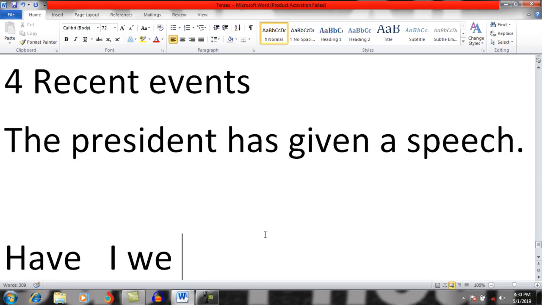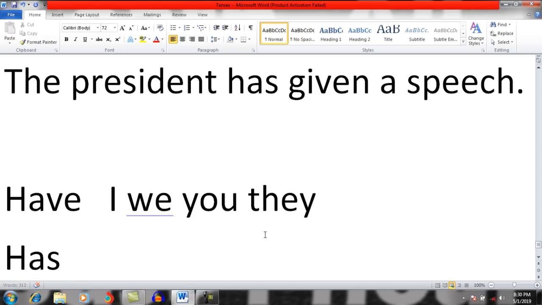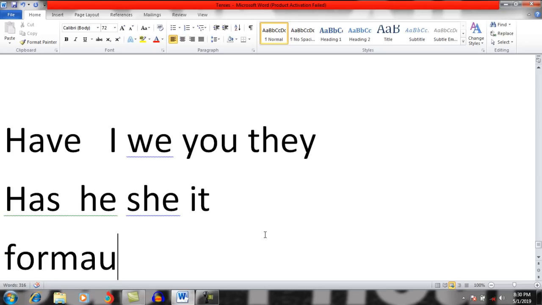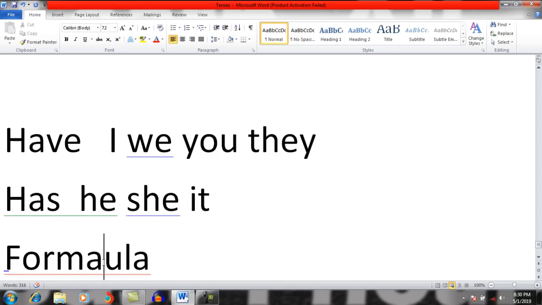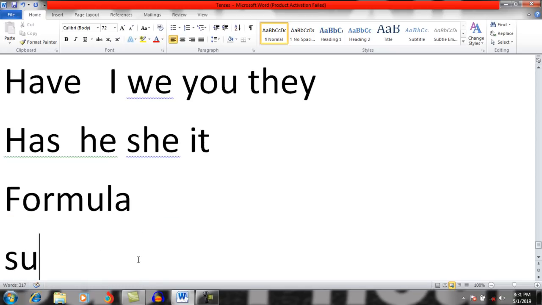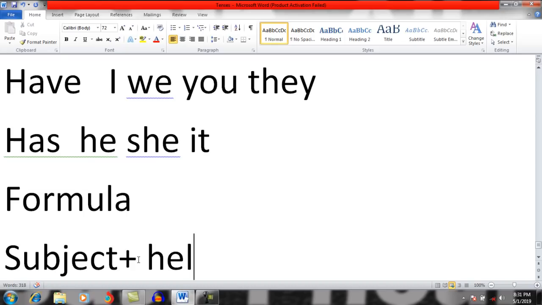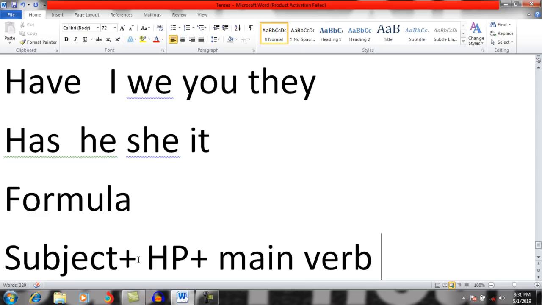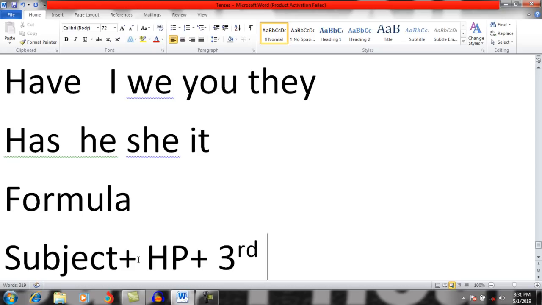Have we use with the first person pronouns I, we, you, they, and plural nouns. The other helping verb is has, and we use it with singular nouns and singular pronouns. The formula is: subject, then the helping verb, have or has, and then instead of the main verb, the third form of the verb.